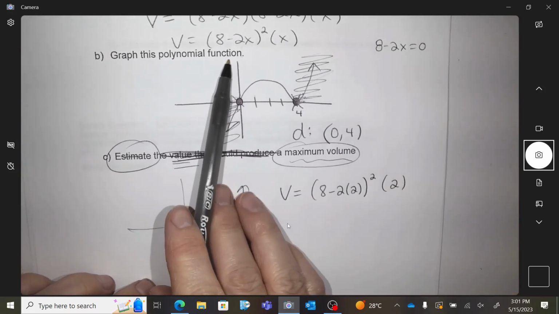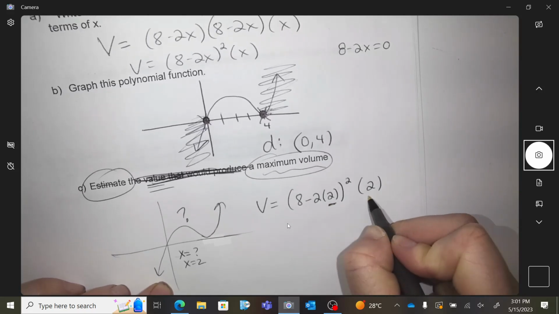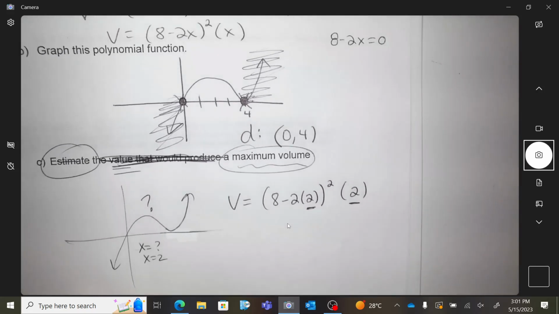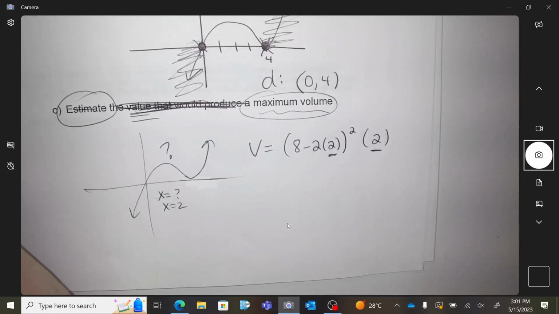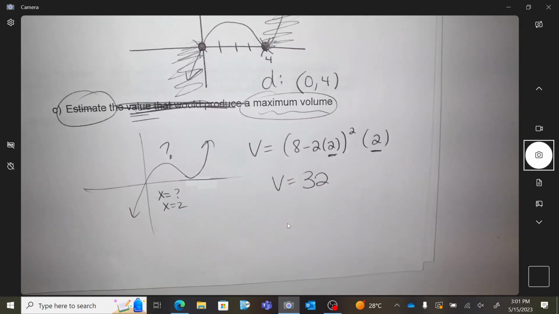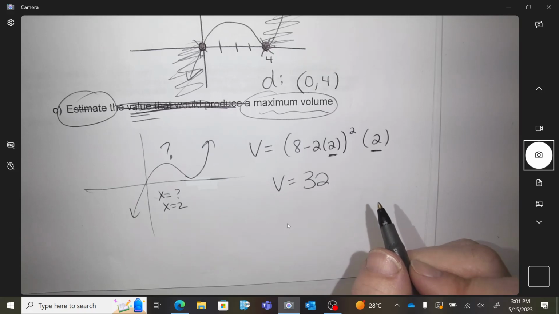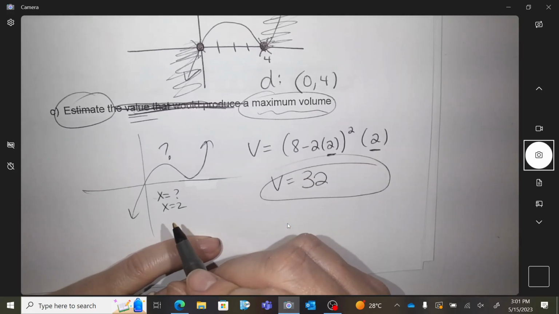So again, looking at my equation from A, I'm replacing x with a 2. I made a replacement of x. $32, and I'm going to put some units on the end of that.